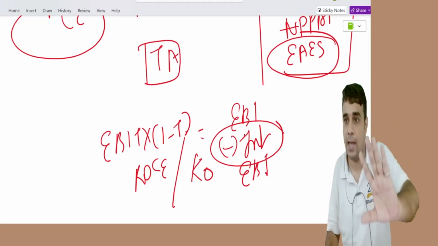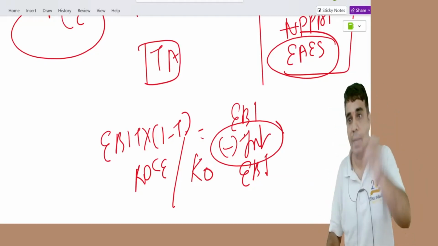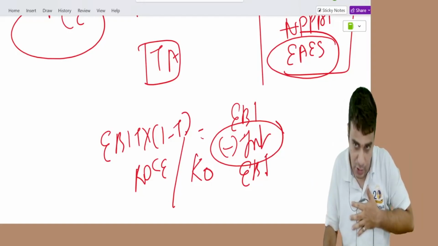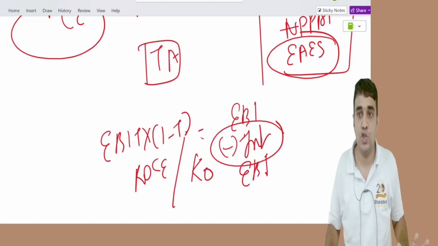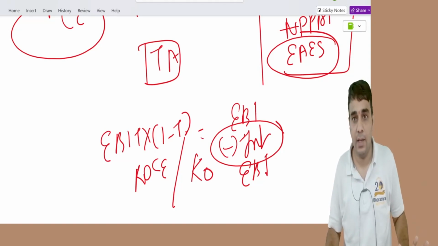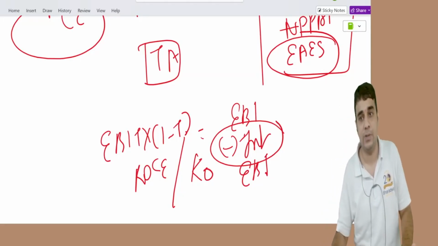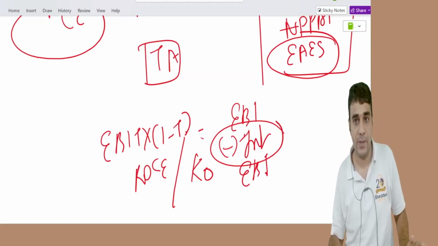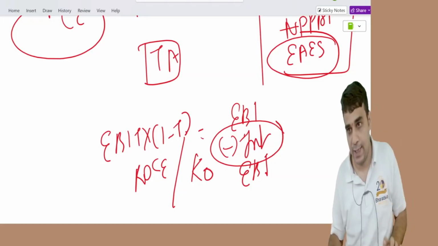You first calculate ROC, go to the cost of capital chapter, look at the combination, and calculate KO. Ideally, ROC should be greater than KO. If not, you will not be able to meet your commitments. Able to understand this? So it is on EBIT into 1 minus tax rate.